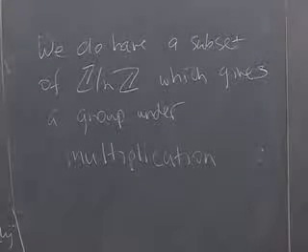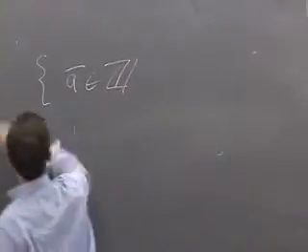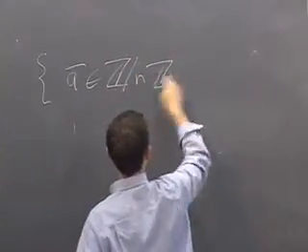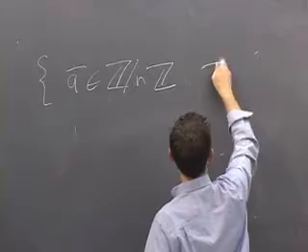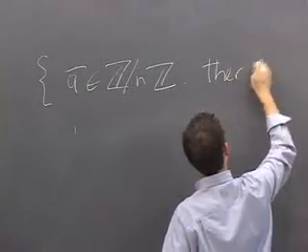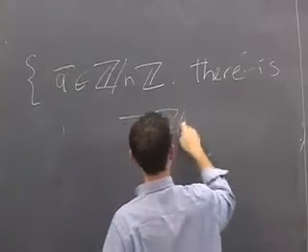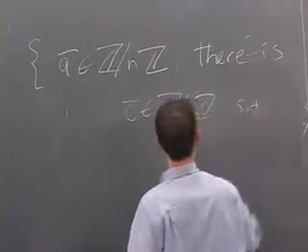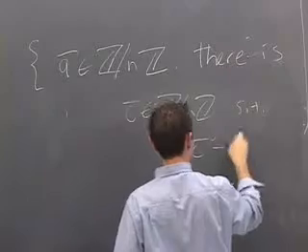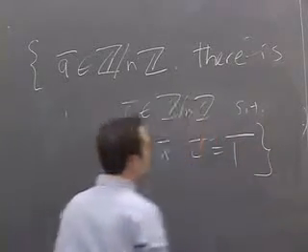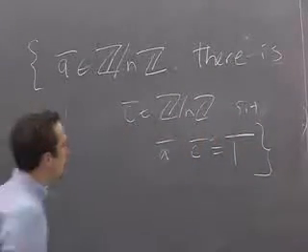So the a bar in Z mod nZ, such that there is c bar in Z mod nZ, such that a bar times c bar is 1 bar.